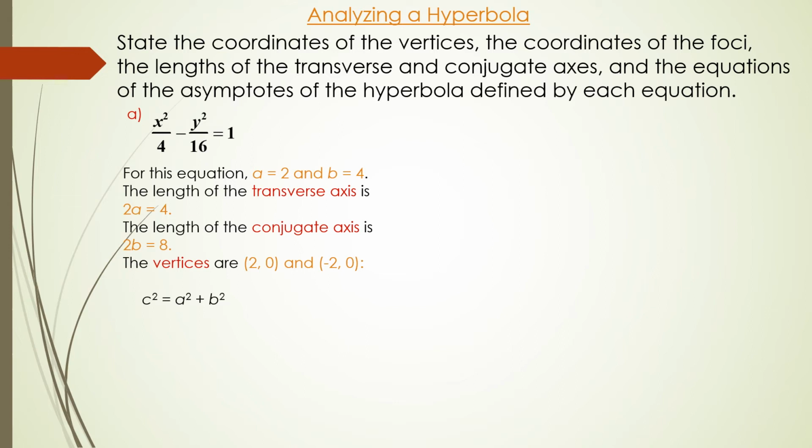So we will use c squared equals a squared plus b squared. Substitute everything, so that will be 4 plus 16, that is 20. And c is the square root of 20. Do not forget, it should be just c, because you cannot graph if it is still c squared. And then simplify further, that will be 2 square root of 5.